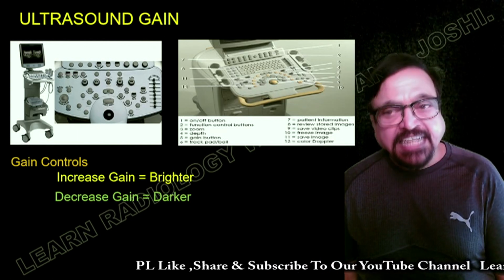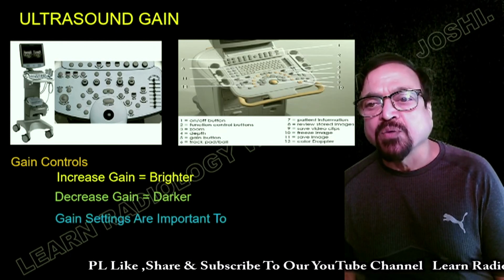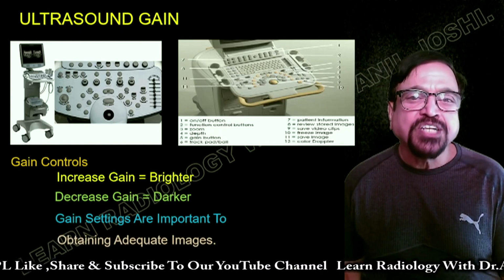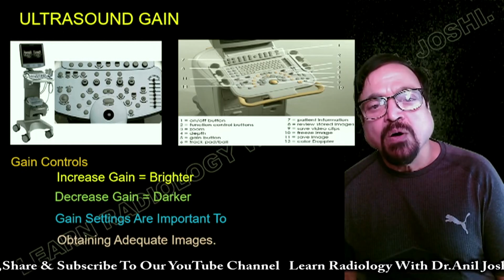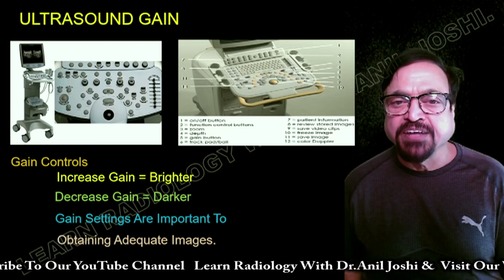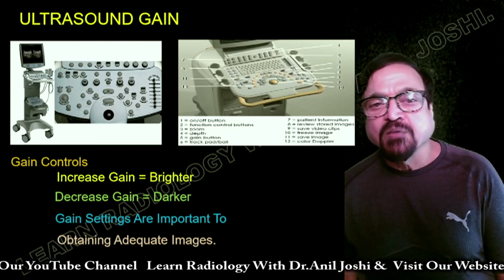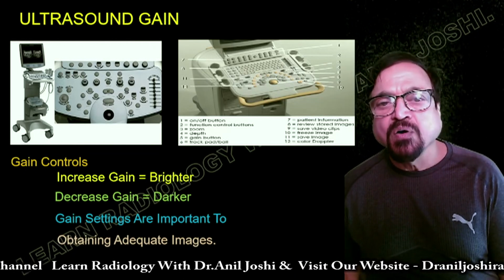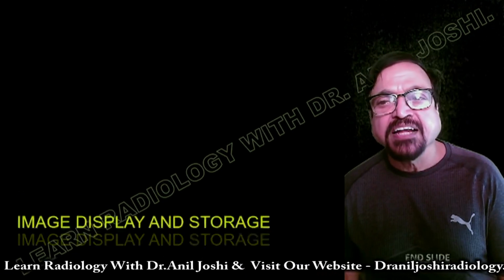If we decrease the gain, then it will be darker. Gain settings are important because otherwise they will give erroneous readings. If we set the gain wrongly, even an anechoic medium will look echogenic. So gain setting is the first thing we must adjust when we start doing ultrasound.